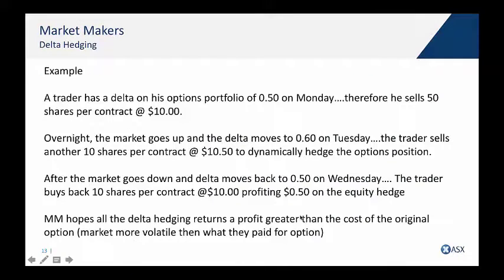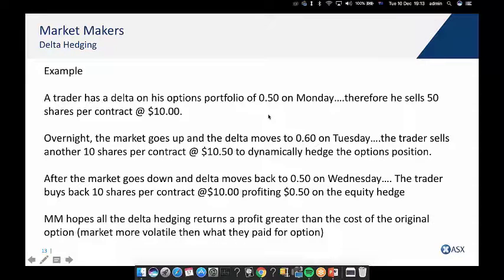If I think about delta hedging as a market maker, if a trader has a delta on that options portfolio of 0.5 on Monday, the market maker would sell 50 shares to hedge their portfolio or their option value falling in value. Let's say that overnight the market goes up and the delta moves to 0.6 on Tuesday.